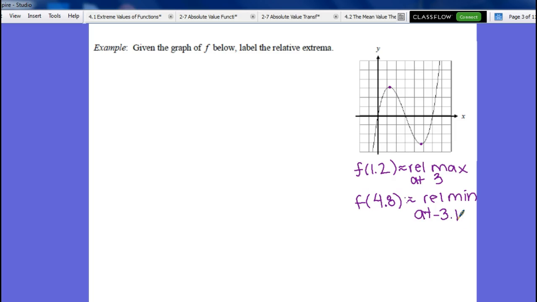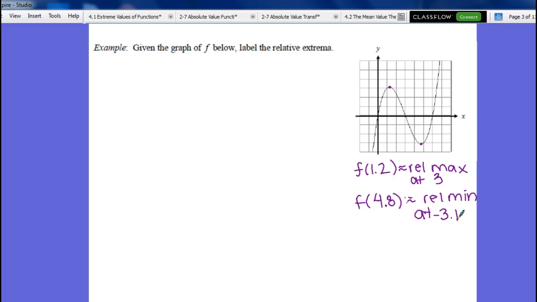So when we look at that graph, I would say that we have approximately a relative max occurring at y equals 3, when f is 1.2, and we have a relative min occurring at like negative 3.1, when f is probably about 4.8. And again, you're estimating, so if you're 4.75 or 4.9, those are all perfectly fine.